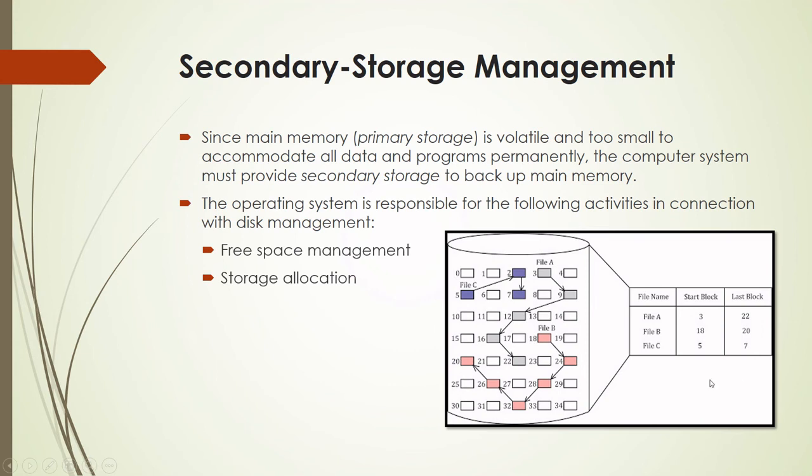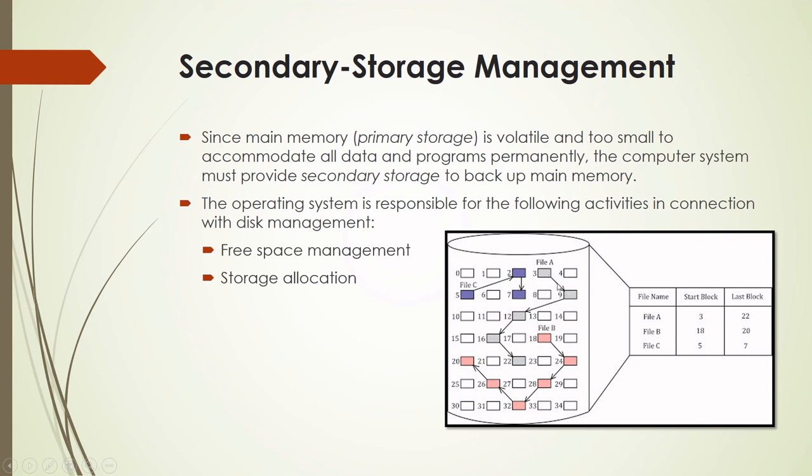Now we see that there are three files A, B and C, and they are stored in the disk. You can see file A, the gray rectangular blocks, the starting block is 3 and the last block is 22. There is a pointer from each block pointing to the next block.